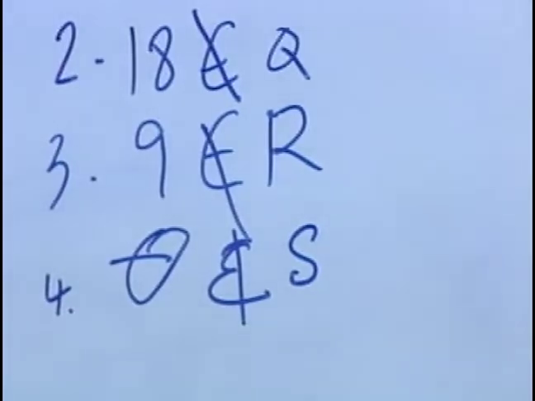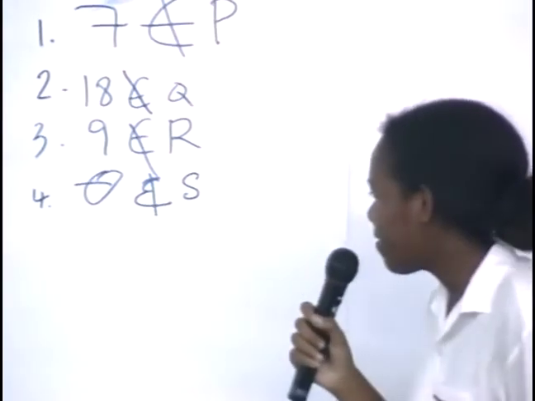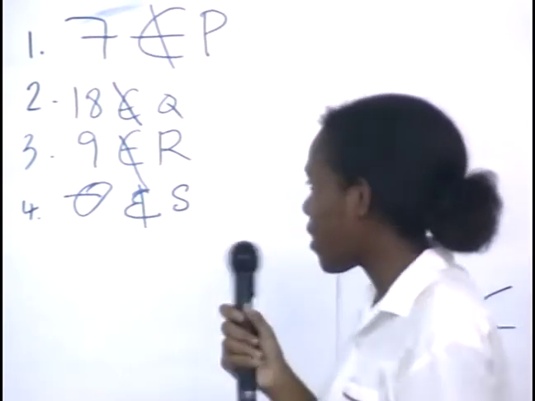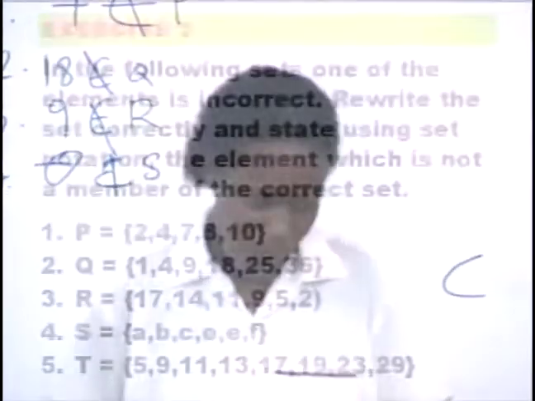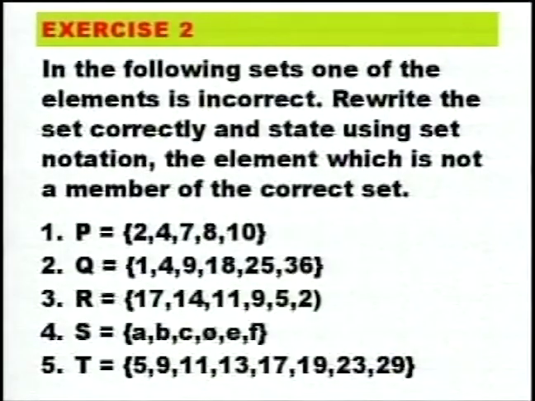Just call it a sign. The sign is not a member of S because it is not a letter of the alphabet. Okay. Number 5, Andrew.